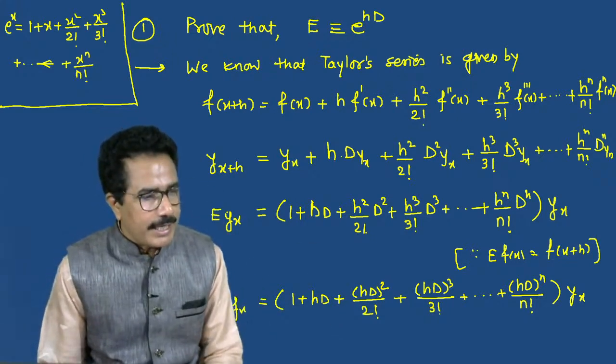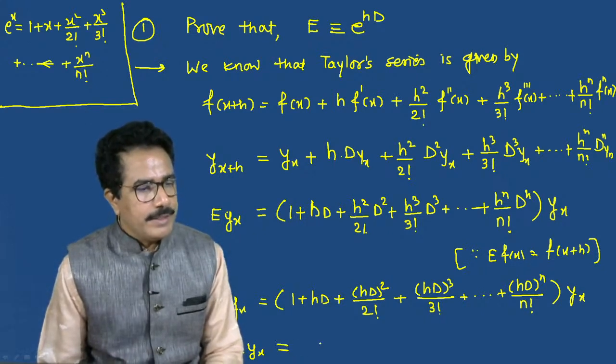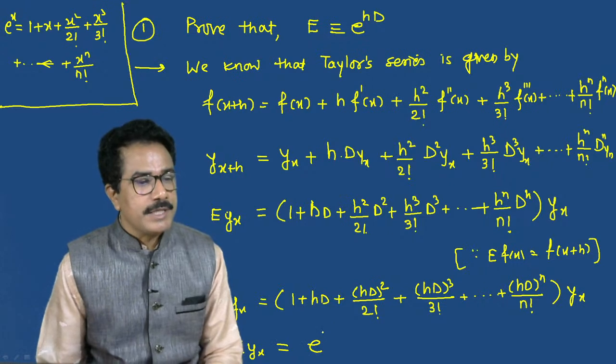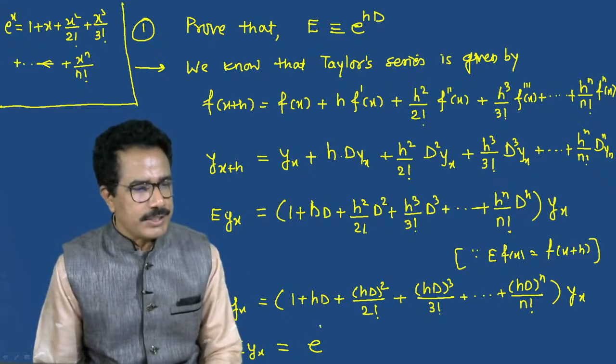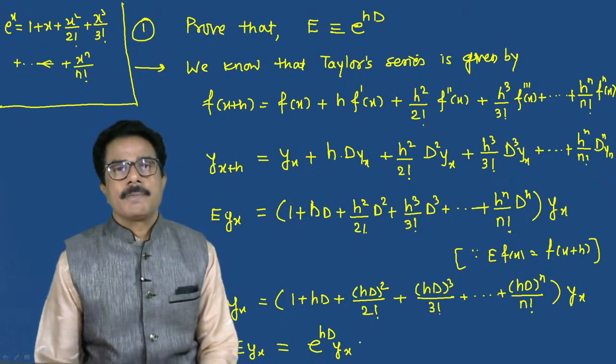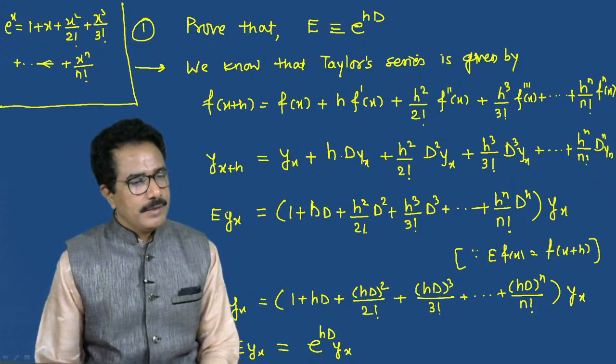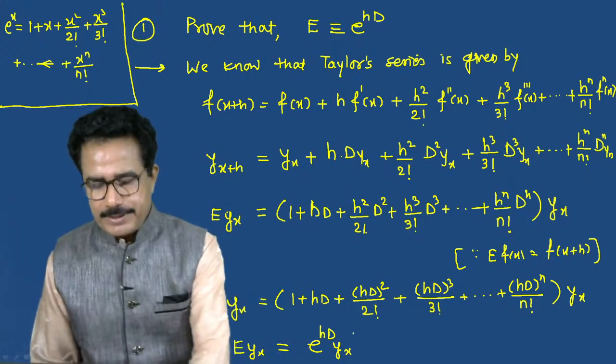So we can write E of y of x, which is equal to the expansion series of e raised to x, where x means hD, of y of x. Y of x is the same function.